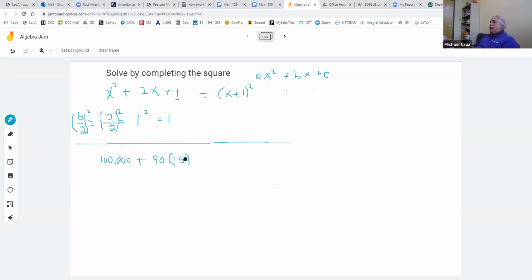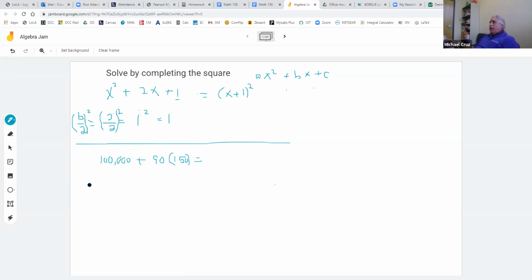So this is the cost to produce 90 bicycles, because it was a fixed cost of $100,000 and then 90 times 150, which is the cost per bicycle.